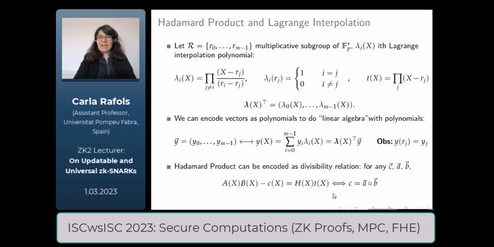Then the other important thing is that we have this vanishing polynomial, which takes the value 0 at all the roots, all values in R. Finally, I will be using this vector lambda, which is just the concatenation of all these Lagrange polynomials. It will be convenient to talk not only about the Lagrange interpolation polynomials, but about a vector of polynomials, because then I can do some kind of linear algebra.